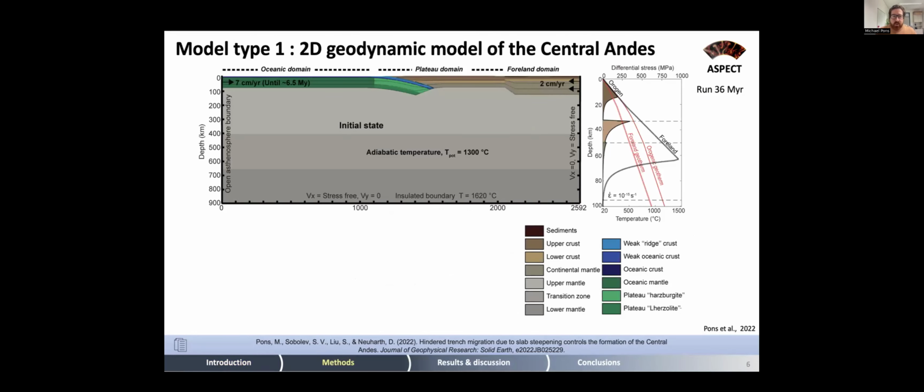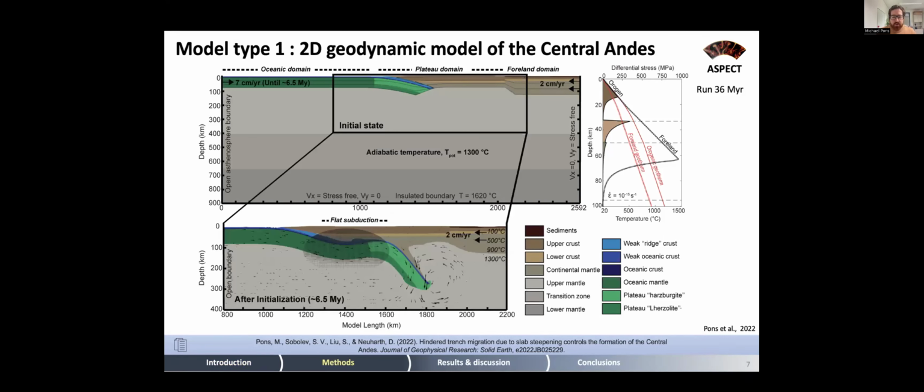For that, we first set up a 2D model of the Central Andes, prescribing first the velocity to initiate the subduction, but also an oceanic buoyant plateau in order to get the flat subduction, similar to the one of the Southern Central Andes at present day. Then we open the left boundary and let the subduction evolve under its own buoyancy while we keep pushing the South American plate.